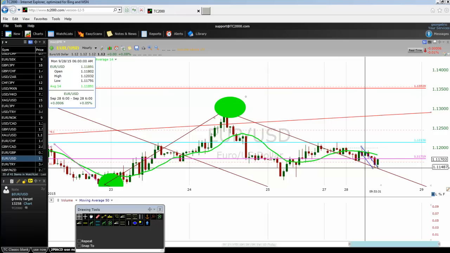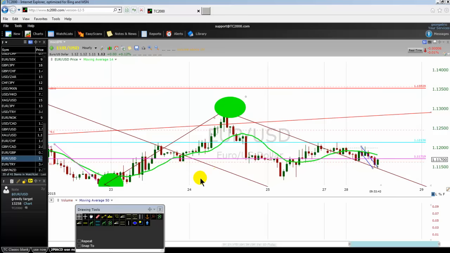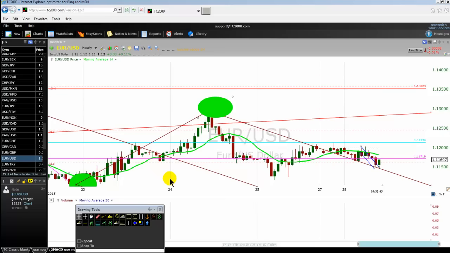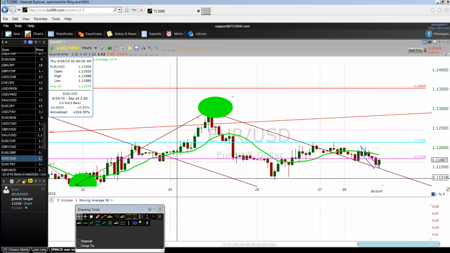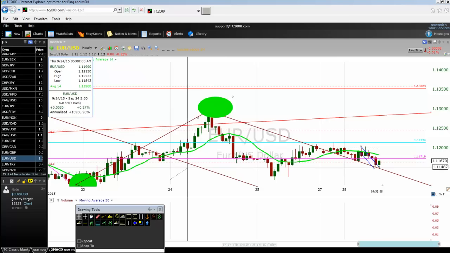I'm looking for a candlestick that I can use. 11136, that's too big as a stop loss for day trading. I need to find a good place where I can hide my stop loss. No, that's too big.